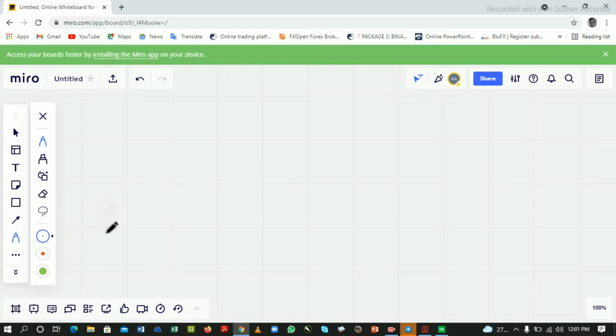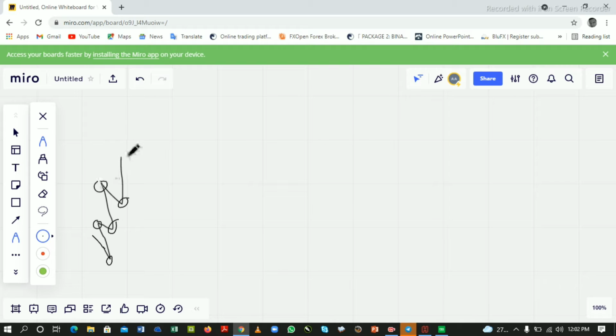So in an uptrend, what we expect is higher highs and higher lows. Higher highs, higher lows. This is the low. This is a low. This is a higher low. These are higher lows, and these are highs, and these are higher highs.